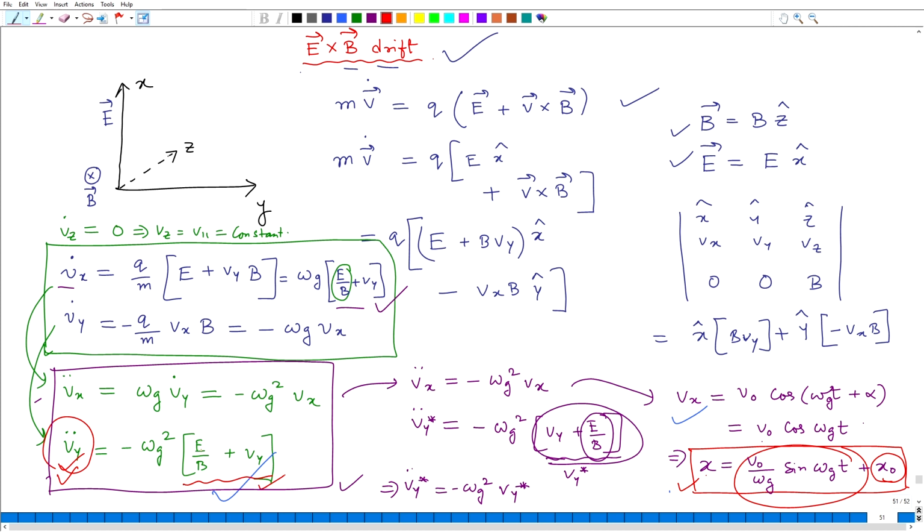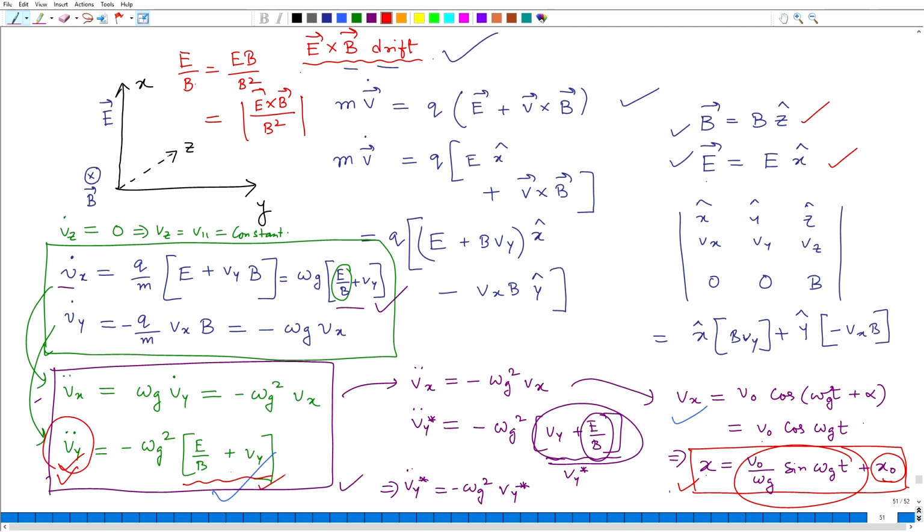Okay. Now, what is this E cross B here? E by B is nothing but E B by B square, and our construction says B is along z direction, E is along x direction. So, if we do E cross B, simply this will be x cross z, so this will be a minus. You can say that this is nothing but E cross B by B square, and the mod of that is E by B. Okay.